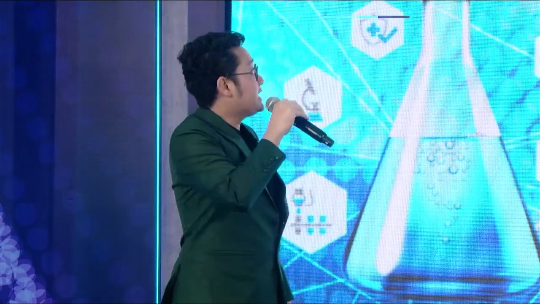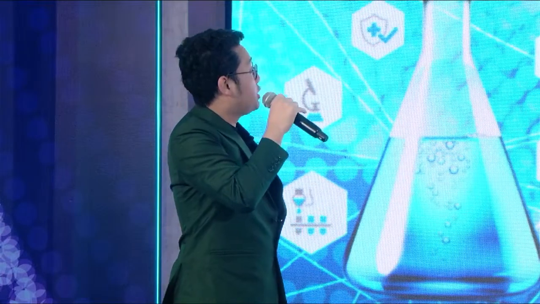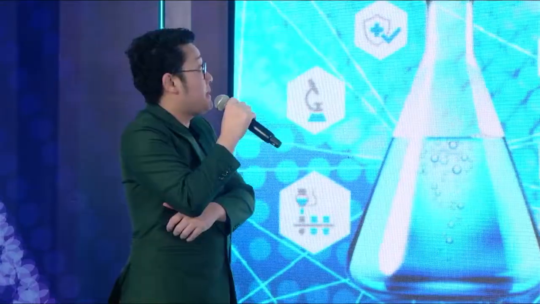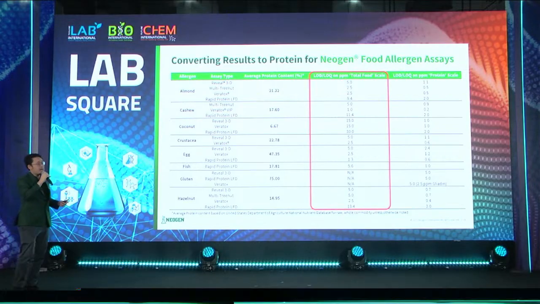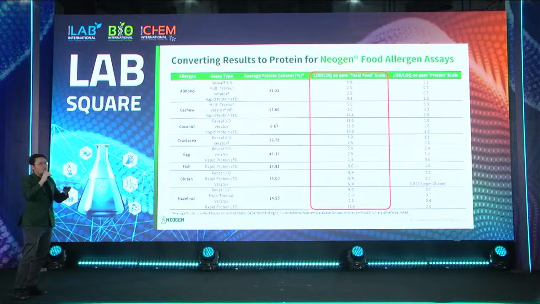Okay, and next, we also provide the protein conversion. Why does this matter? When you determine the allergen, the report is in ppm on the total food scale, right?